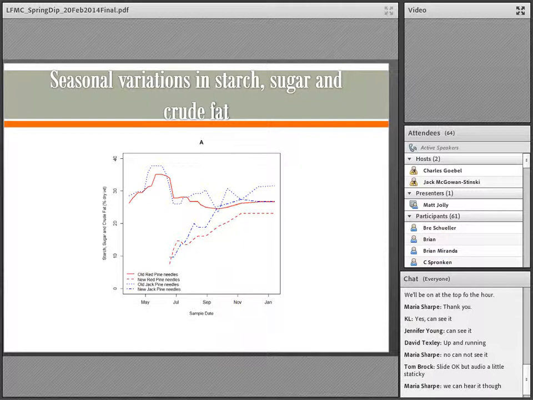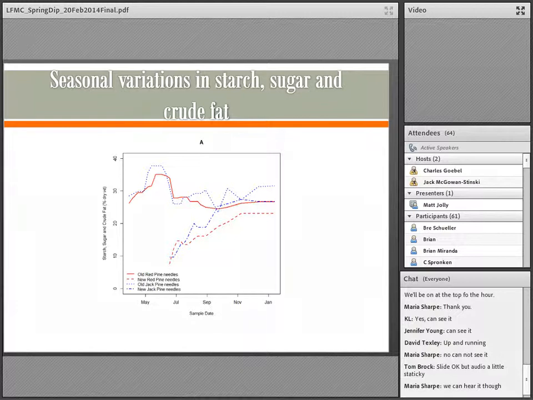So during the springtime, before new needle emergence, when photosynthesis starts, the needles start to accumulate starch and sugar primarily, and they accumulate that until we reach a point of new needle emergence, and the plant now has a demand for those sugars, and those sugars are then given up out of the old foliage to the new foliage so that the new foliage can grow.